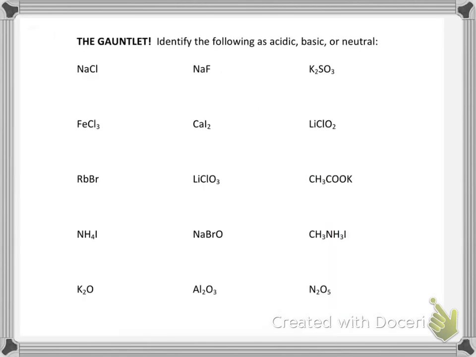And so now we have the gauntlet, where we have a bunch of salts, and we want to figure out, when we dissolve these in water, what would happen to the pH? Would they be basic and increase the pH, neutral and not change the pH, or acidic and drop the pH?